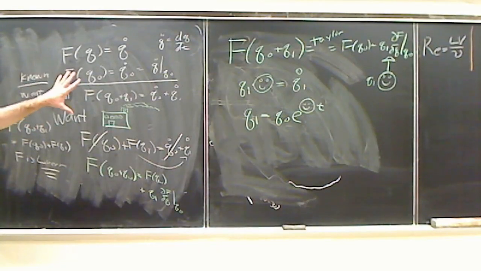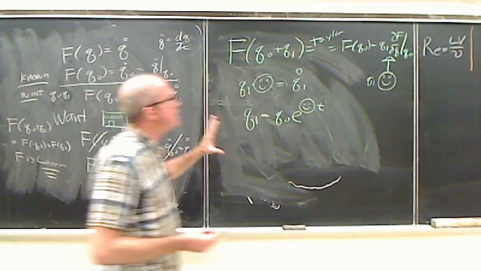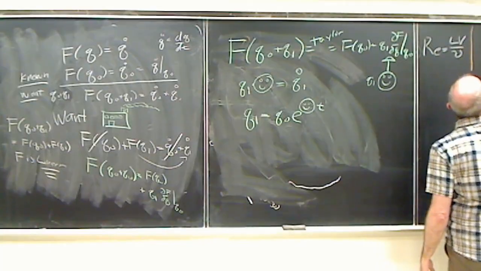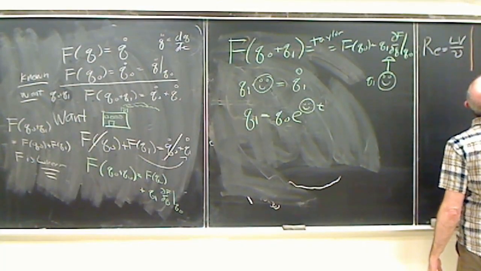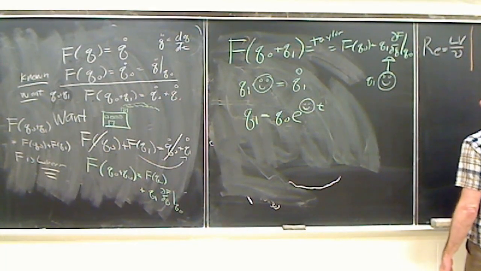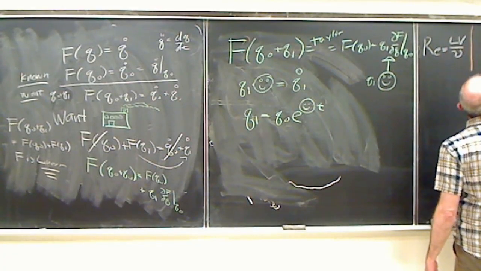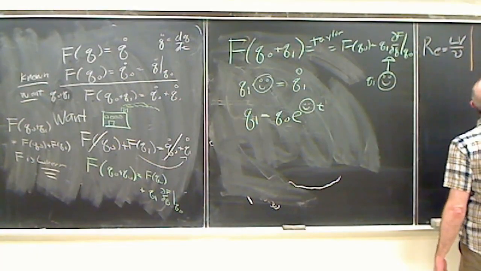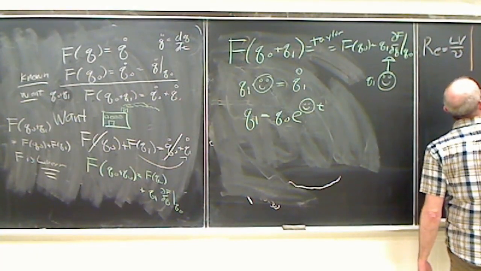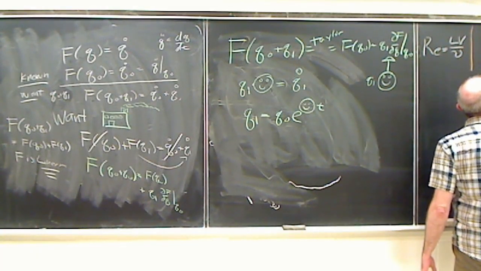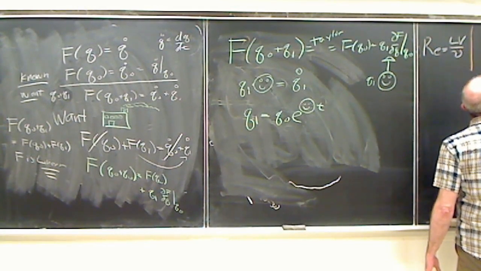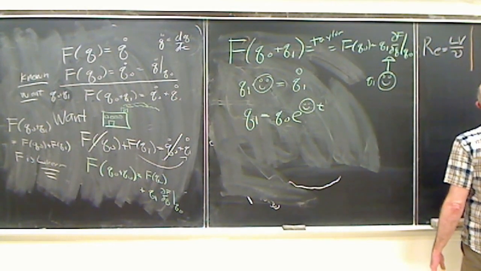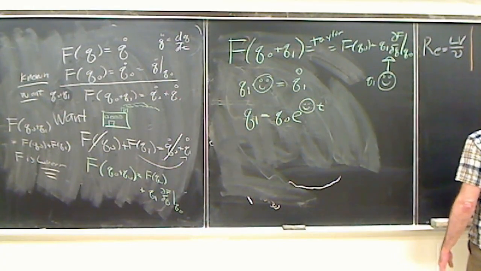So we'll come back to this, but the basic idea is, let me write it over here. f of q equals q dot. f of q naught equals q naught dot. So these are the givens. f of q naught plus q1 equals q naught dot plus q1 dot.